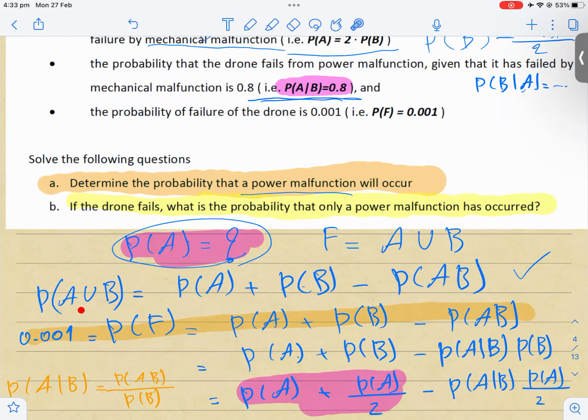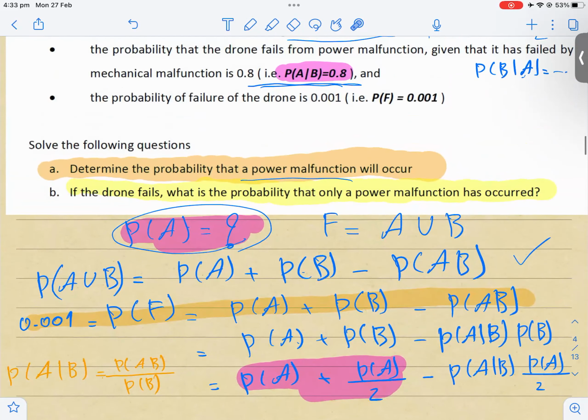So I write the probability of A union B, or probability of F here, which is equal to the probability of A plus the probability of B, the probability of each of them, minus the probability of their intersection.